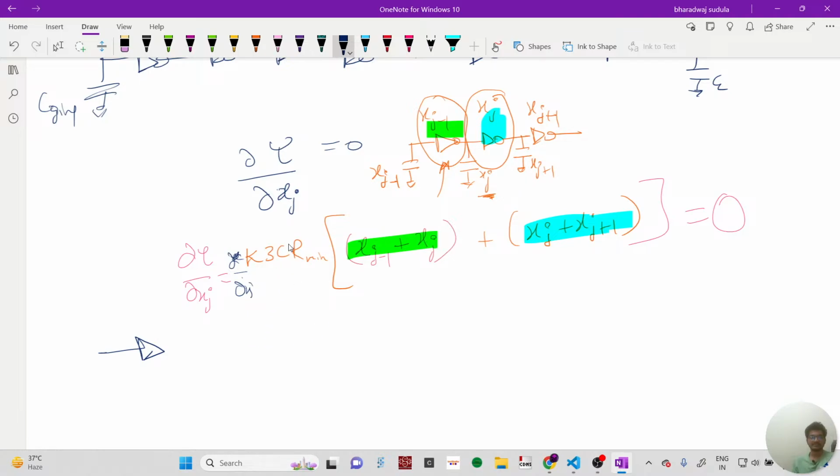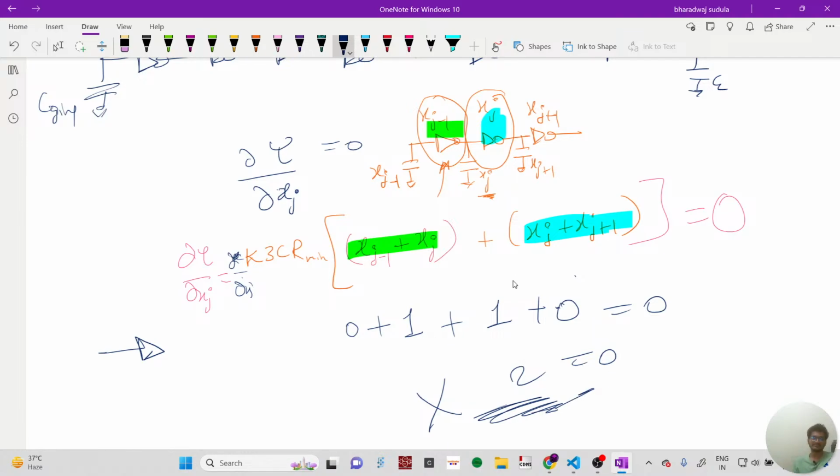This is constant. If I take this to the other side, it will be 0. Xj minus 1 is another variable, so it will be 0, and xj will give 1, and xj will give 1. Xj plus 1 is an entirely different thing, it will be 0. So 2 equal to 0 is not meaningful, there's nothing to do here.